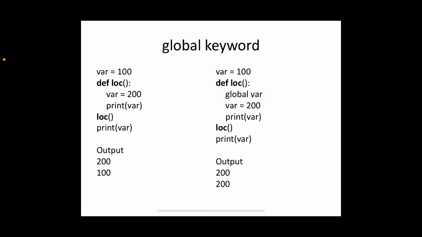So by giving the keyword global var, if you are trying to assign a value 200, that is actually the global var, not the local variable. So if you print it, 200 will be printed. Again, we are calling it. So this print statement, 200 will be the output. Again, we are printing outside the local function. The var actually got changed, because here the global var is modified. So again, 200 will be displayed. That is the use of the global keyword.